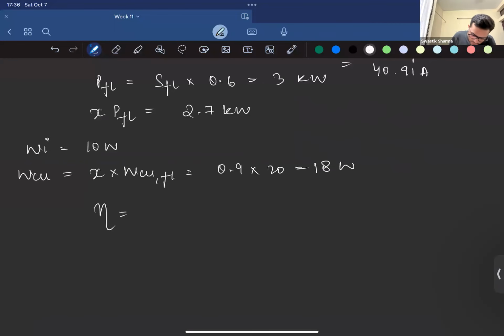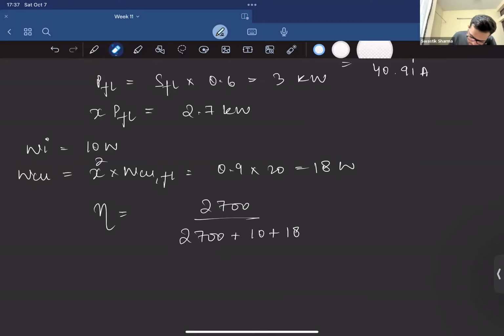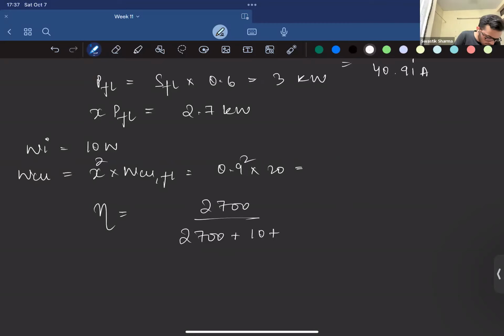Now efficiency is what? 2700 divided by 2700 plus 10 plus 16.2.